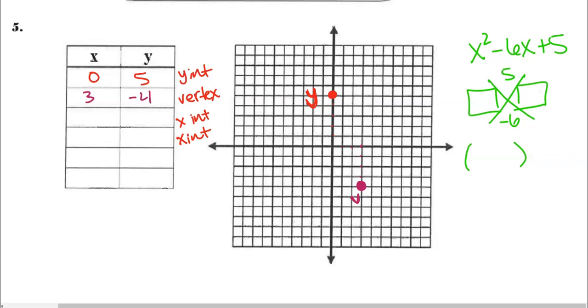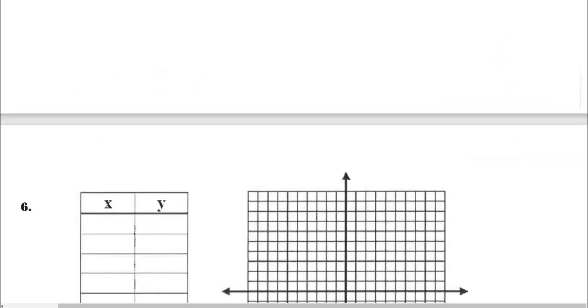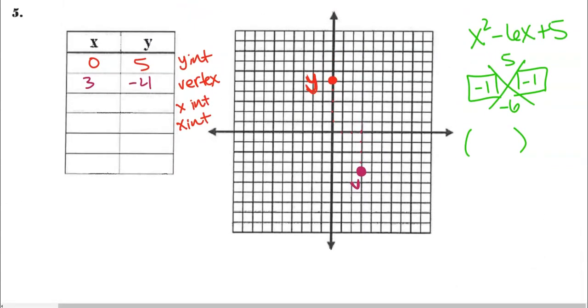So how can I add those to get a negative 6? Oop, negative, I can't, right? Negative 1 and negative 5. Is negative 1 times negative 5 positive 5? Negative 1 minus 5, negative 6. Okay, so we have factors of x minus 1, and we have a factor of x minus 5.